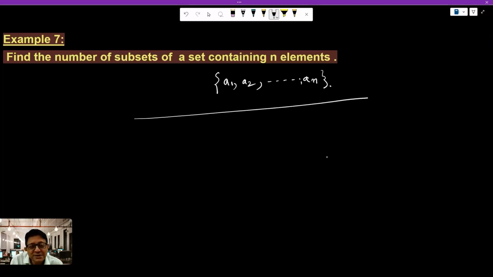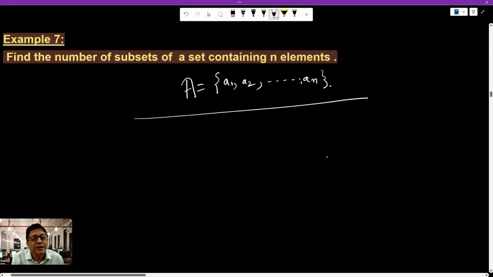N elements you have written by using commas within two braces. How many subsets? What are the subsets? This is the given set. A subset is a null set, maybe. This set is a subset, only A1, A2 there. Even only say A4 is there, this is also a subset. Isn't it?